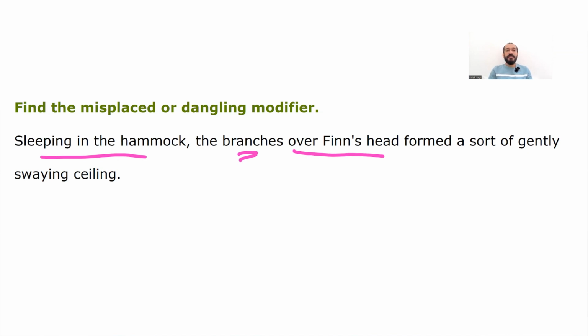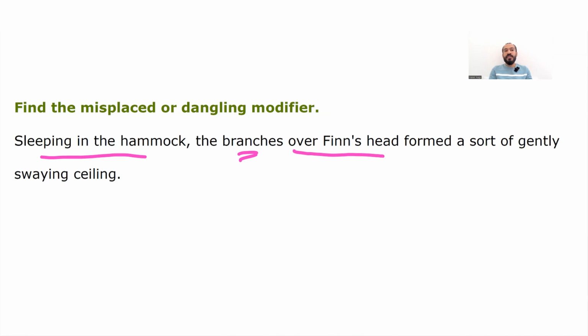Take a look at the first one. Sleeping in a hammock is located next to the branches. So do you think the branches are sleeping in a hammock? No. Someone obviously is sleeping in a hammock while the branches are over his head. Now, who is that person in the sentence? Is there a person who was supposed to be sleeping in the hammock?